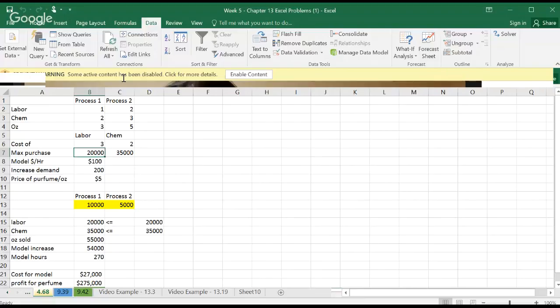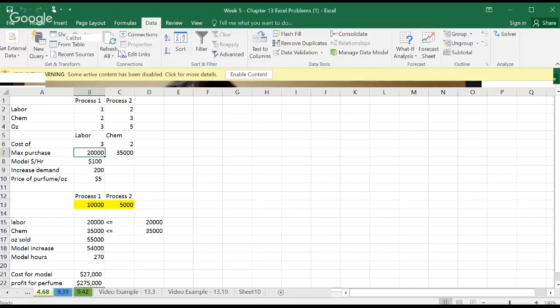I think that's one of the issues, it needs to be a decision cell. You're supposed to let Excel optimize the number of hours that you purchased from Jenny. Okay. So do I make that a decision cell?